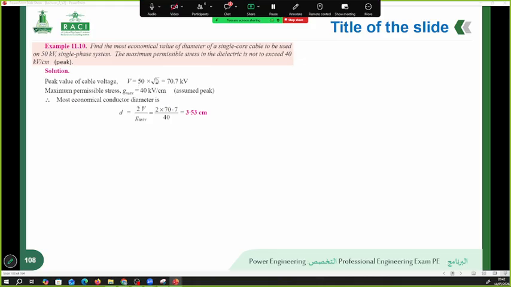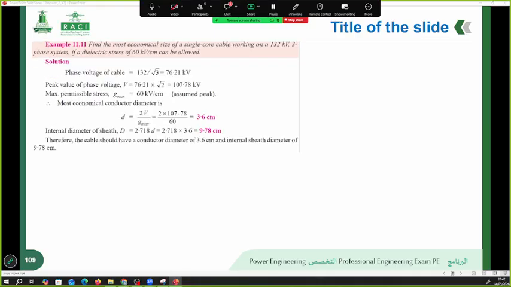By multiplying by square root of 2, the maximum permissible stress, G maximum, is 40 kilovolt. So G max is equal to 2V over d. We want to find the d here. So d can be simply found as 3.53 centimeter.